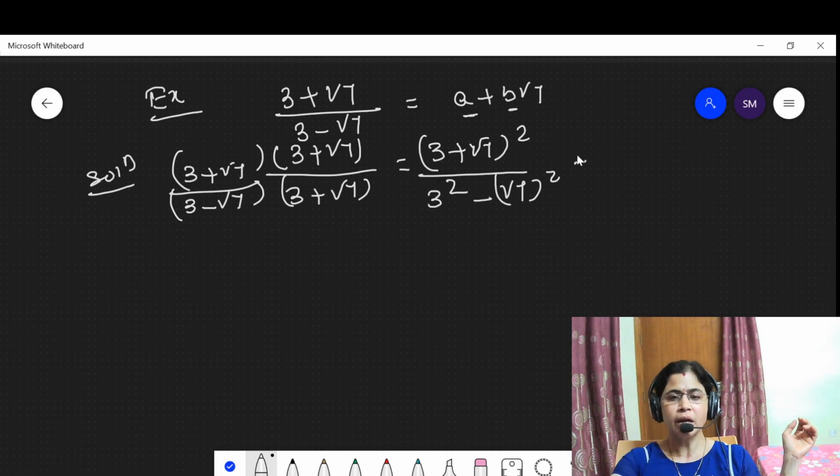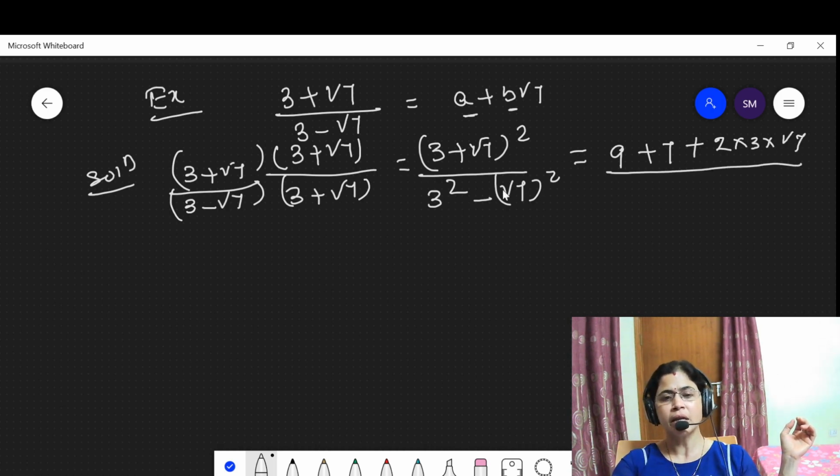The numerator a plus b whole square is a square plus b square plus 2ab, and the denominator is a square minus b square, which is 9 minus 7.